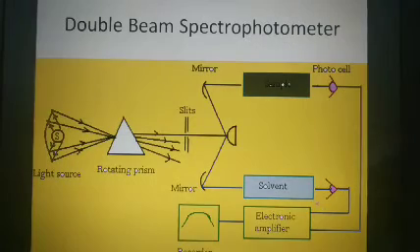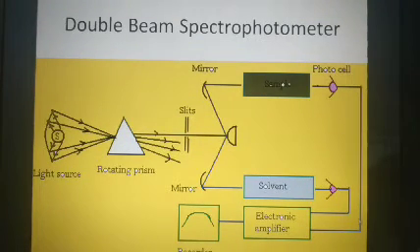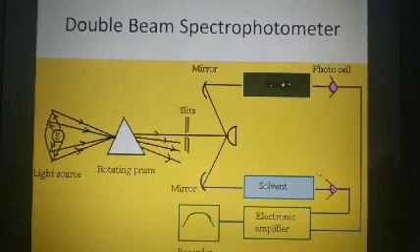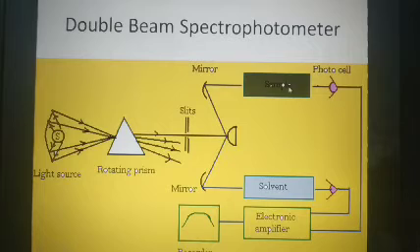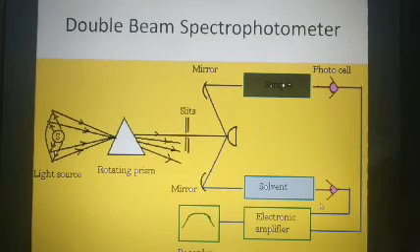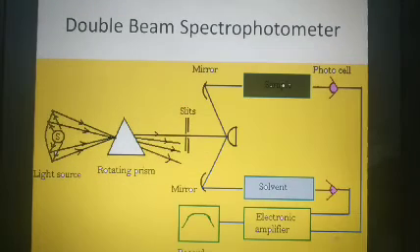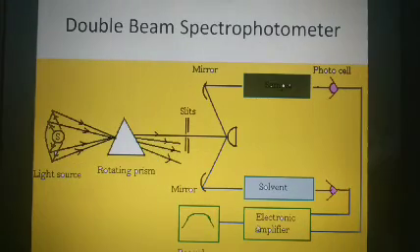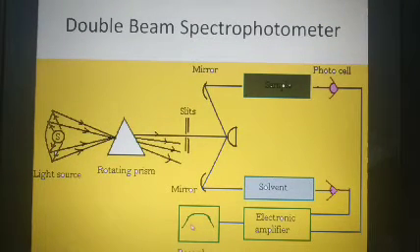In the electronic amplifier, the solvent side information is subtracted from the sample side information, so whatever is absorbed by the solvent is removed. Only the signal of the radiation absorbed by the sample remains. Then it is sent to the amplifier and later recorded on the recorder.